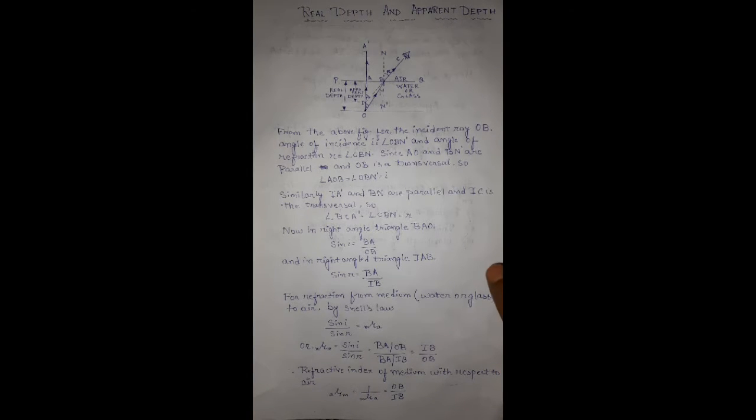Now, the angle between OB and BN dash is called the incident angle because OB is the incident ray, and the angle between CB and BN dash is the refracted angle because this is the refracted ray. Correct?